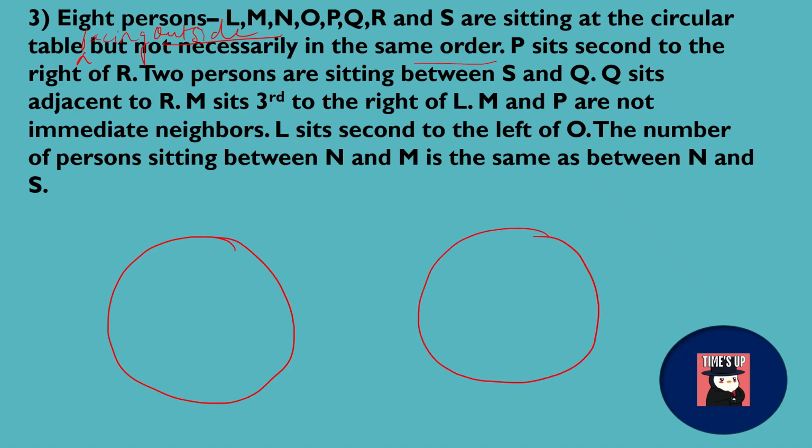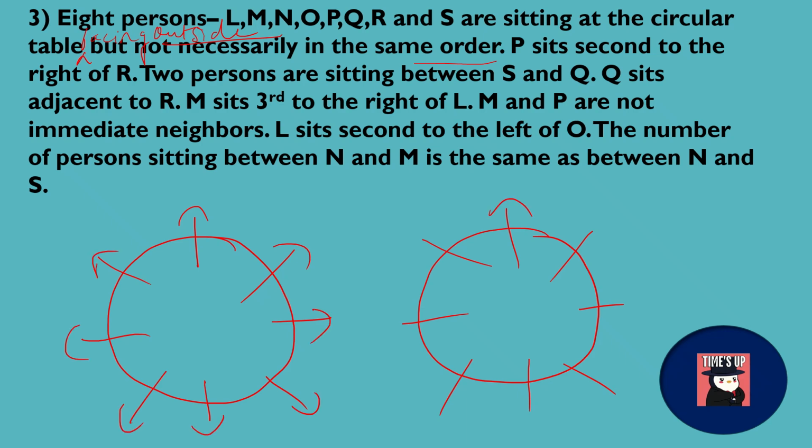Okay. So 8 persons are there, away from the table. They are facing away from the table.